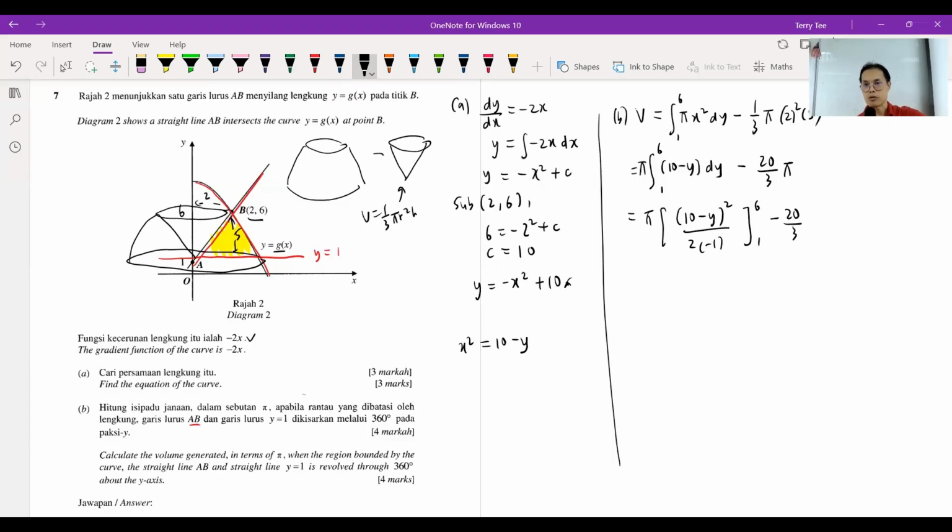This is 20 over 3 pi. Okay, so from here on, we can just gantikan. Pick up pi over 2, put 6 inside, 10 minus 6 squared, 10 minus 1 squared, minus 20 over 3.